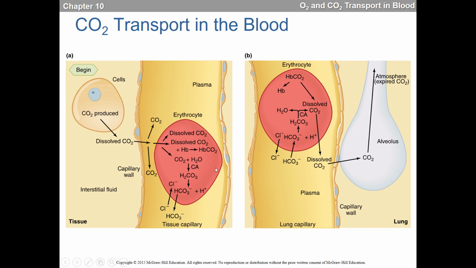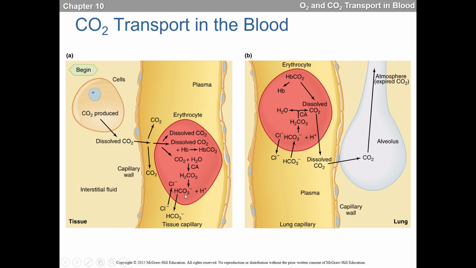And there's a particular thing called a chloride shift that I want you to just know happens. So if we're looking at this picture, let's pay attention to it right here. Within a cell, CO2 is produced as a byproduct of aerobic metabolism, right? So some CO2 just goes into the blood, some of it binds hemoglobin, carboxyhemoglobin right there, some mixes with water, and then down the road a little bit we get bicarbonate.